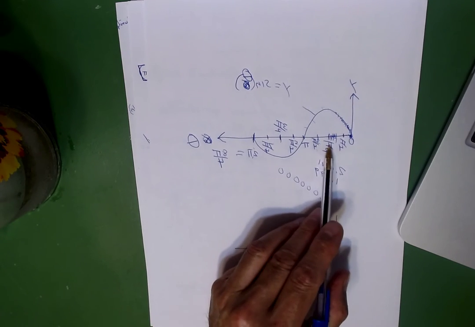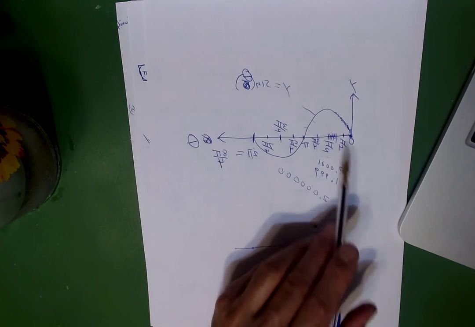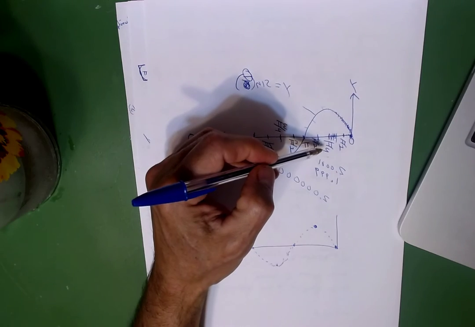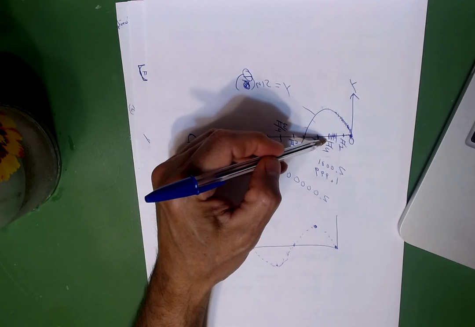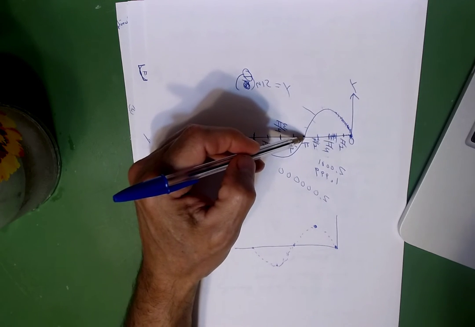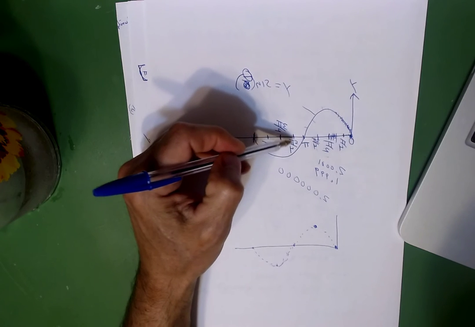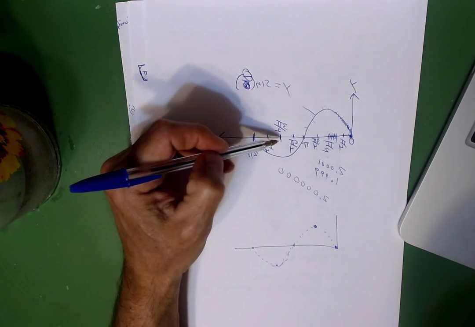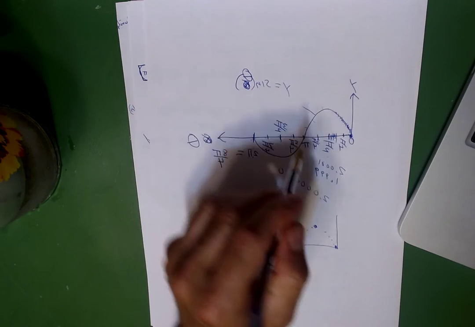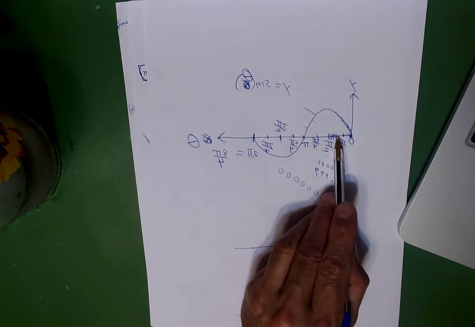So you could write all these in terms of pi over 4, right? 0, pi over 4, 2 pi over 4, 3 pi over 4, 4 pi over 4, 5 pi over 4, 6 pi over 4, 7 pi over 4, 8 pi over 4. So they're equal increments, right?